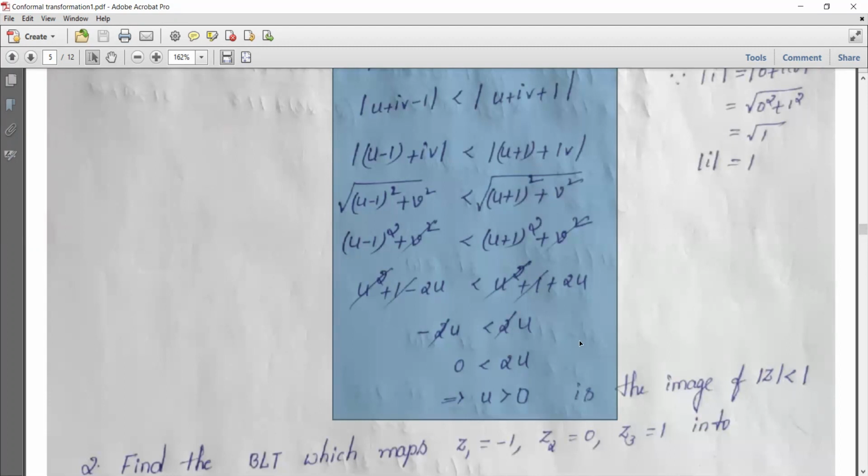Sending this minus u to the right side, that means adding u on both sides, 0 less than 2u. So constant will not be 0. So this gives u greater than 0. This is the image of mod z less than 1. Okay, any doubt?